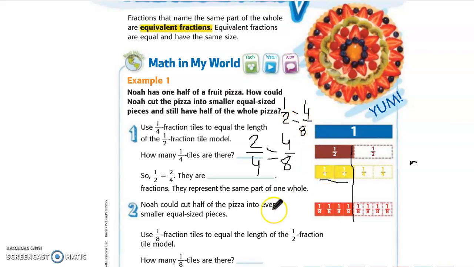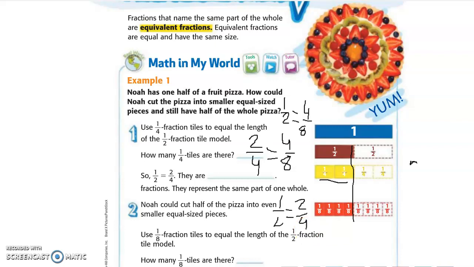Again, 1/2 was also equivalent to 2 fourths. So what we're doing is we're looking to see what fractions are the same size. They are equal in that length to them.